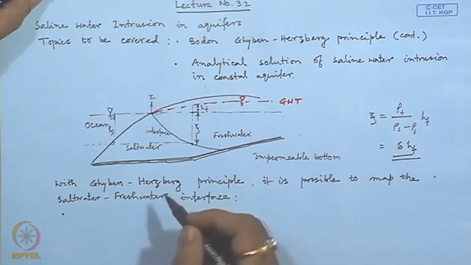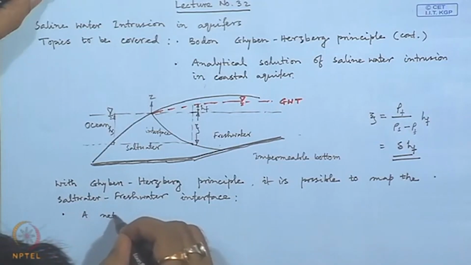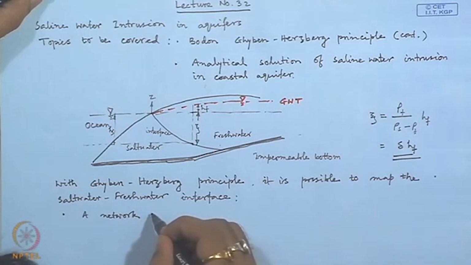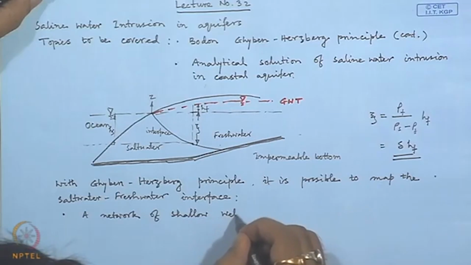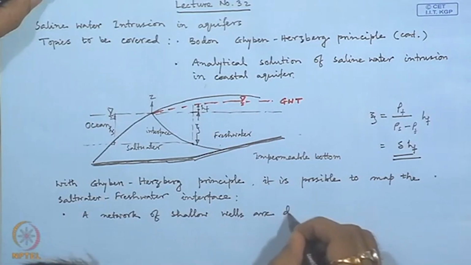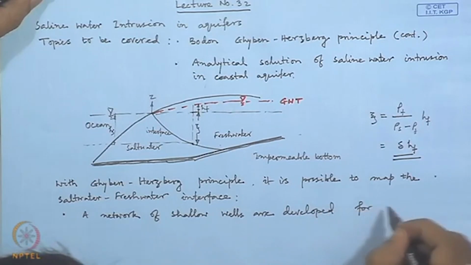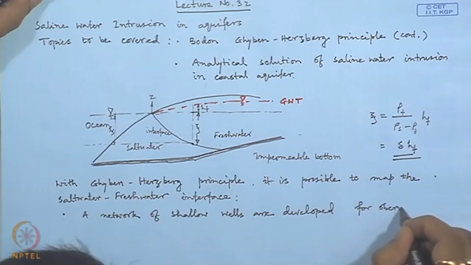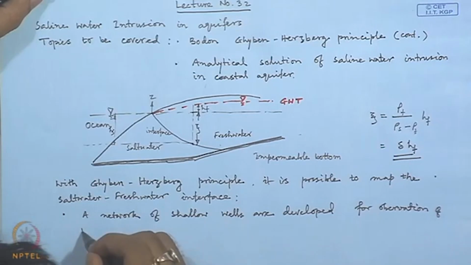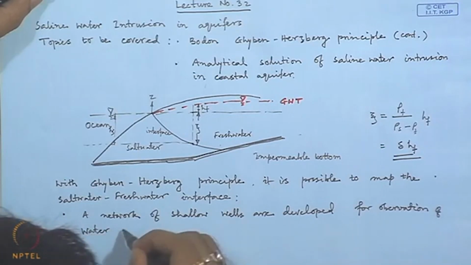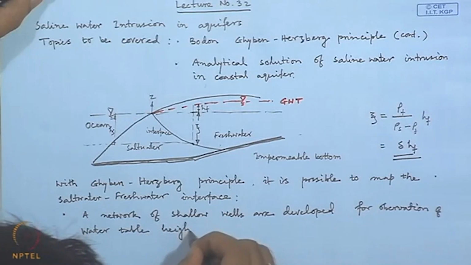So, first point is that a network of shallow wells are developed for observation of water table height.